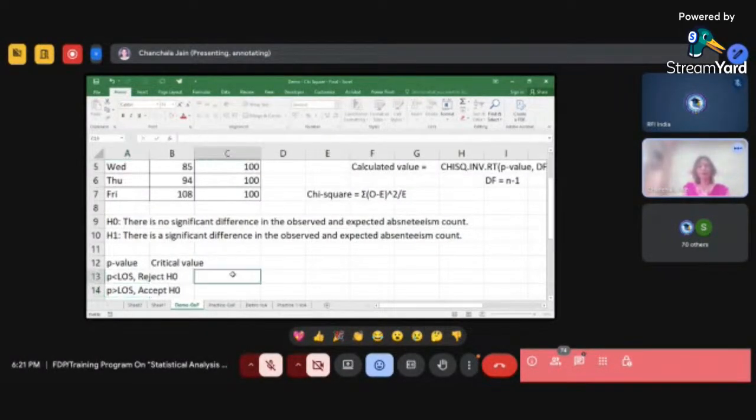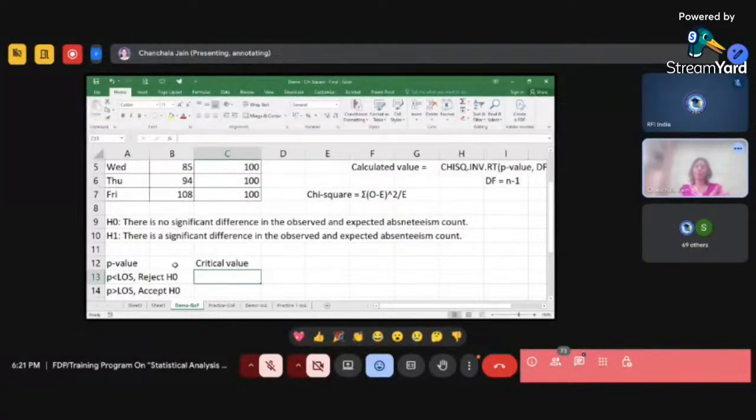The critical value approach says you need to compare your critical value with the calculated value. Means whatever calculated value of chi-square you are getting, you will compare it with the critical value, or the table value, right?